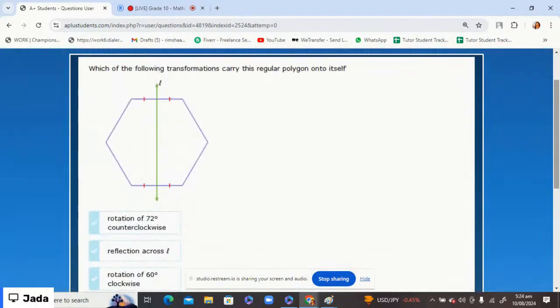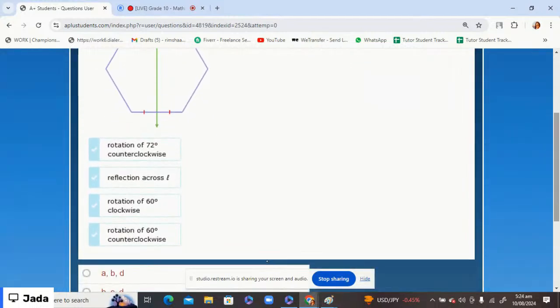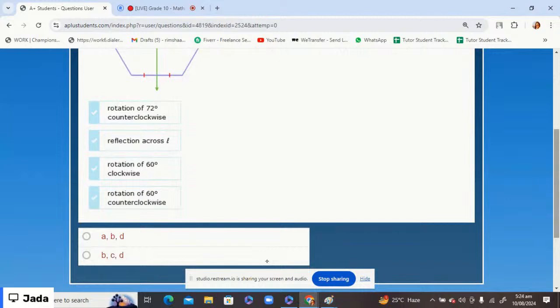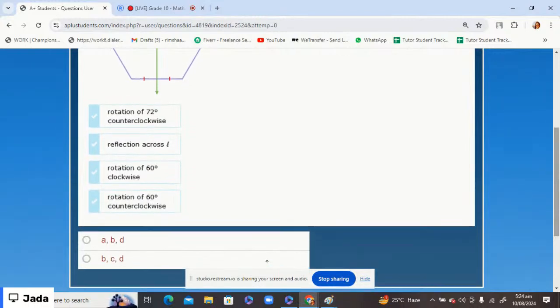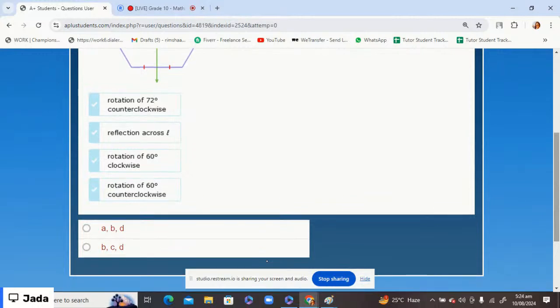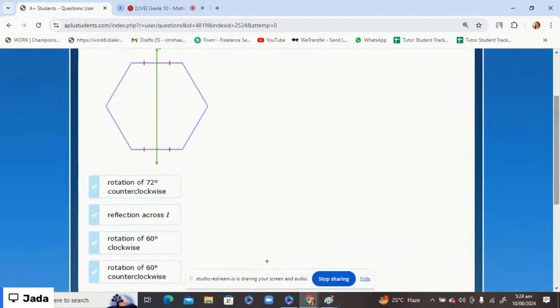As we know, there are 1, 2, 3, 4, 5, 6 sides, and when you divide 360 over 6, you get the answer 60. So the reflection across L, that is B, then rotation of 60 degrees as well, and rotation counterclockwise as well. So B, C and D are all the options.